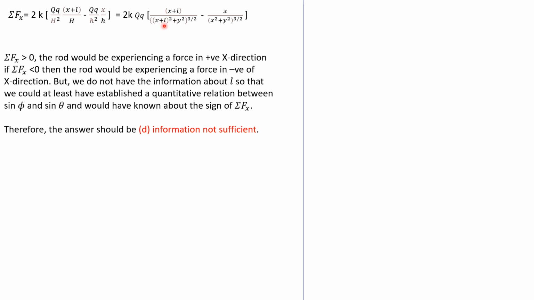Nothing is given about L. Even if we assume some value for x and y and put it here, we don't have the value of L. So without knowing this value, we cannot say what will be the outcome of summation of Fx, whether it will be positive or negative. So the only right answer we can say is appropriate is that the information in this question is not sufficient. Therefore, the answer should be D.